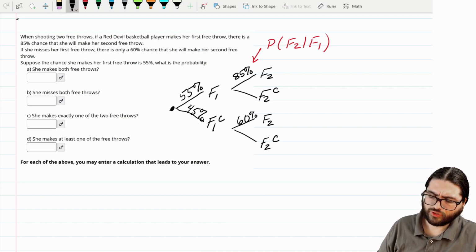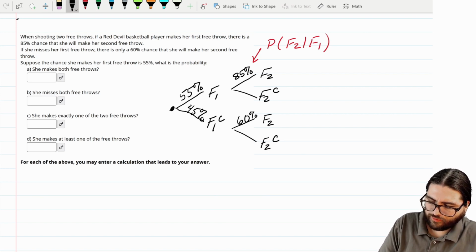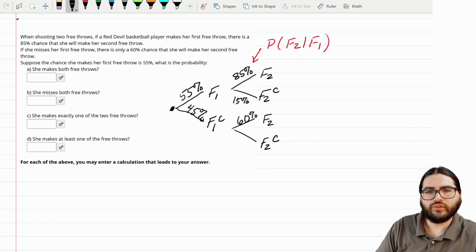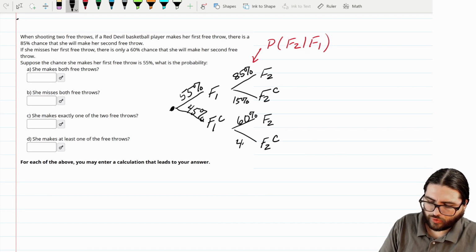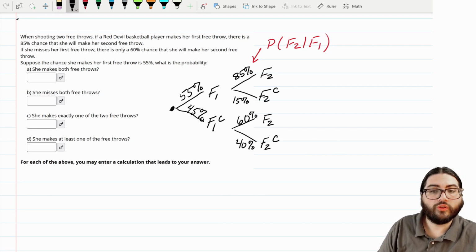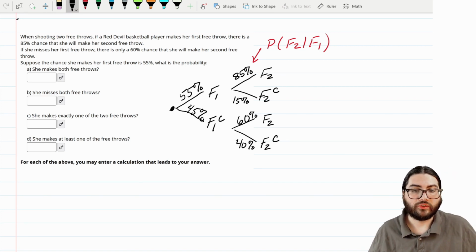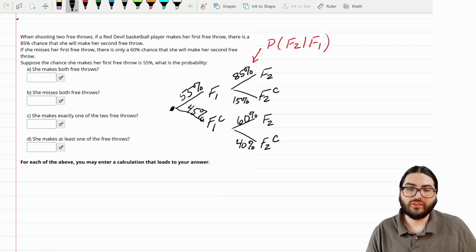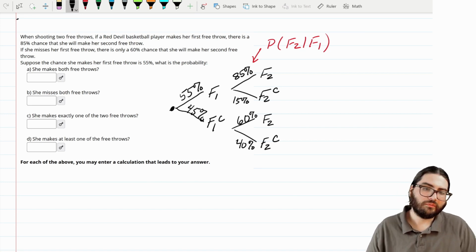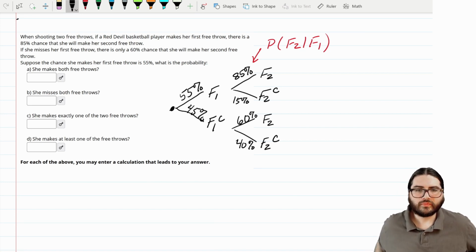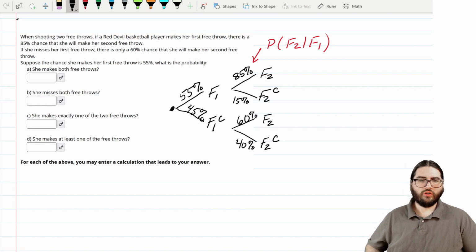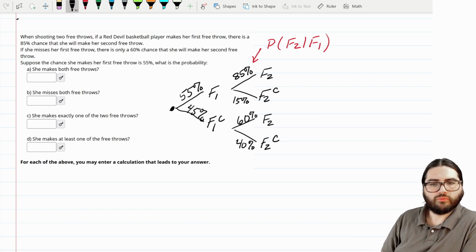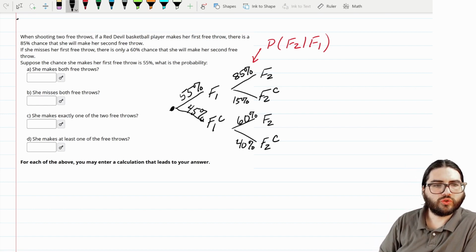Well, in this first conditional, it should be an 85-15 split. Adds up to 100%. In the second, it should be a 60-40 split. In all of those situations, all I did was 1 minus. It's just that when I'm working with percentages, 1 minus is 100% minus. That gives me all of the relevant information from the tree.